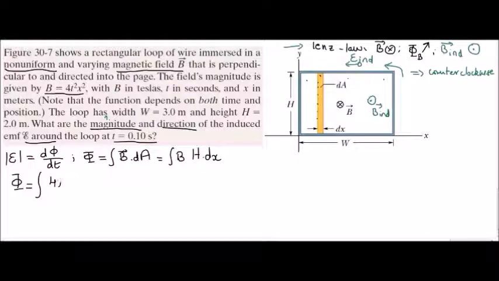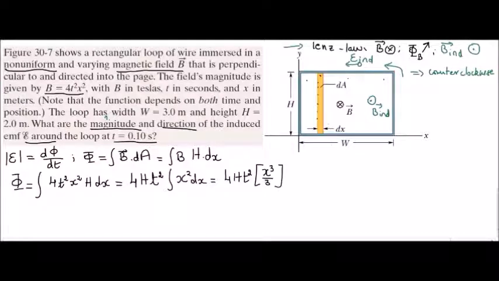B is 4t squared x squared, and we have h and dx. Constants come out of the integral, 4h t squared, and the integral of x squared dx gives x cubed over 3. It varies from 0 to w. So the flux is 4h w cubed over 3 times t squared.